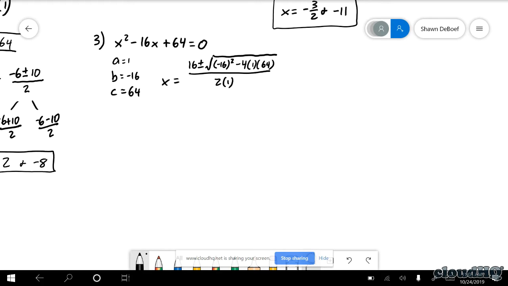But when you square negative 16, you get positive. You can only believe your calculator when you plug it in correctly. So we're going to take negative 16 squared, which is 256, minus 4 times 1 times 64. And we get 0.